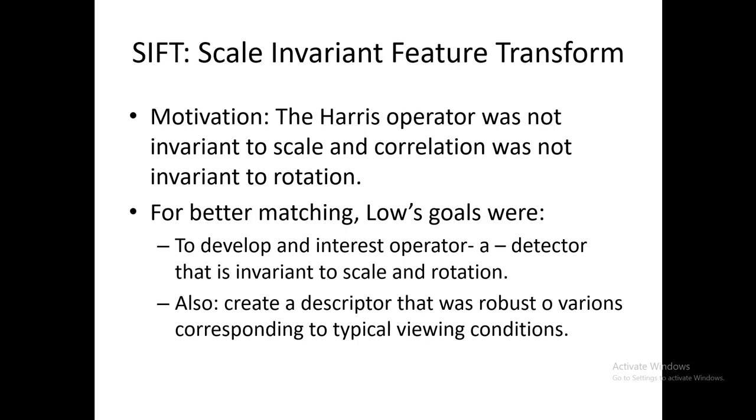By doing that, we can determine the natural scale or the right scale. Another part of SIFT, or David Lowe's work, was building a descriptor, which we just discussed why we need. That is the description of the neighborhood that is more robust with respect to variations corresponding to the viewing conditions.